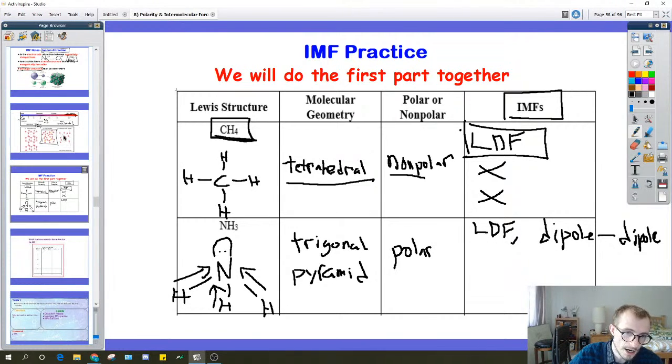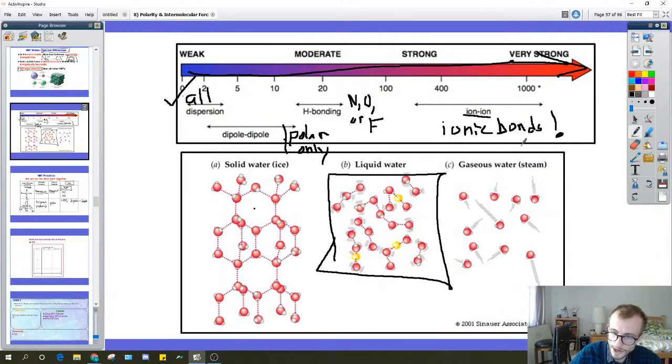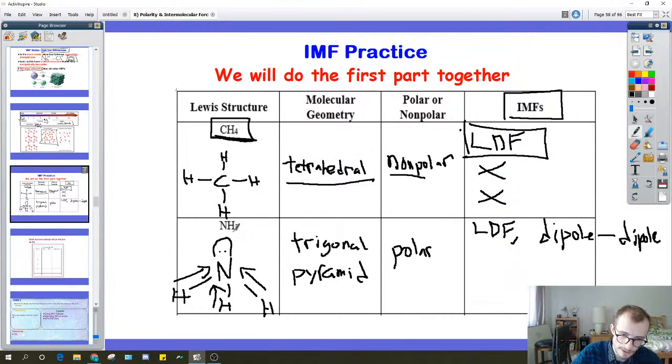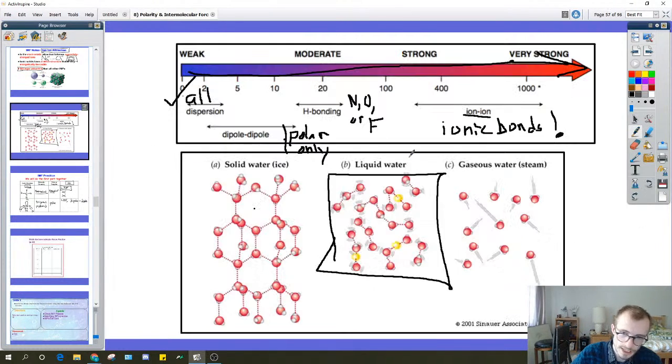Now, we know this isn't an ionic bond because an ionic bond is always between a metal and a non-metal, and both nitrogen and hydrogen are nonmetals. So we know this is a covalent bond, and there's no ion-ion attraction. The only thing left to check is, does this have H bonding?